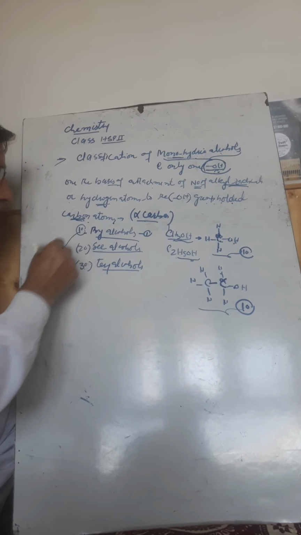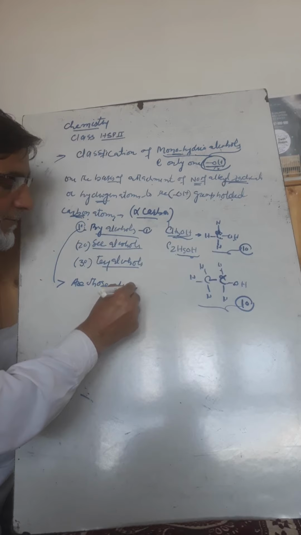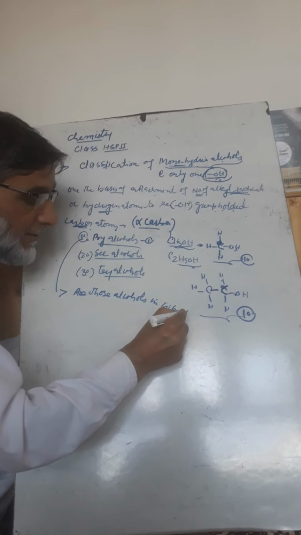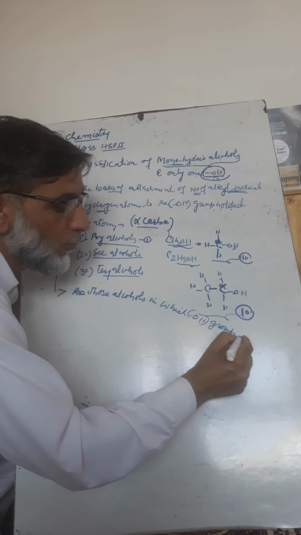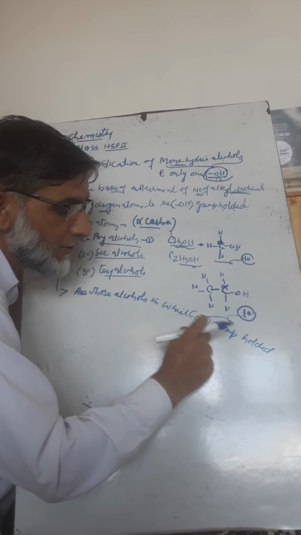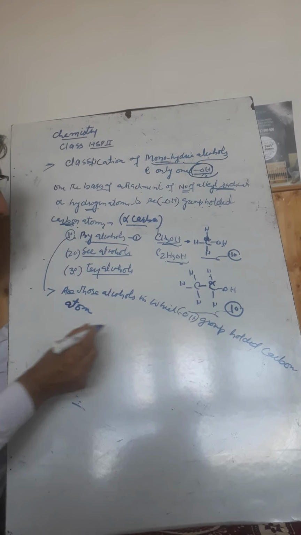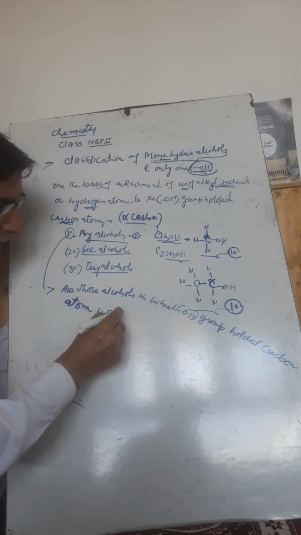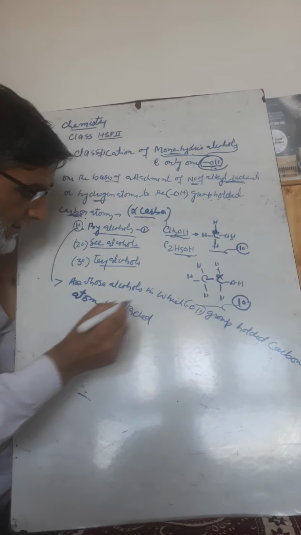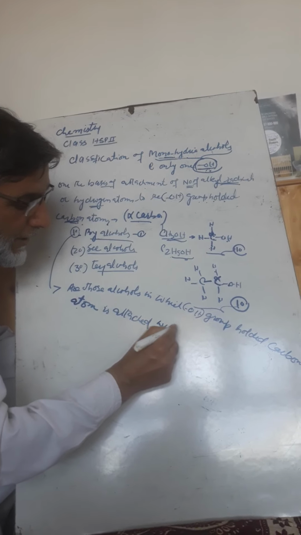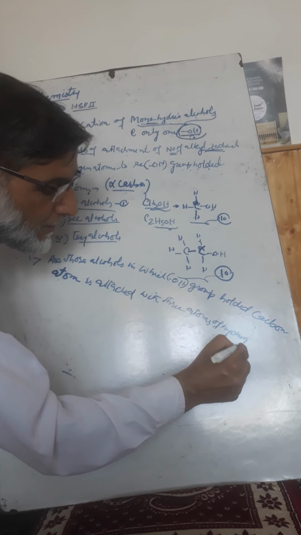So I can write, primary alcohols are those alcohols in which the hydroxyl group holding carbon atom is attached with 3 atoms of hydrogen and no carbon.